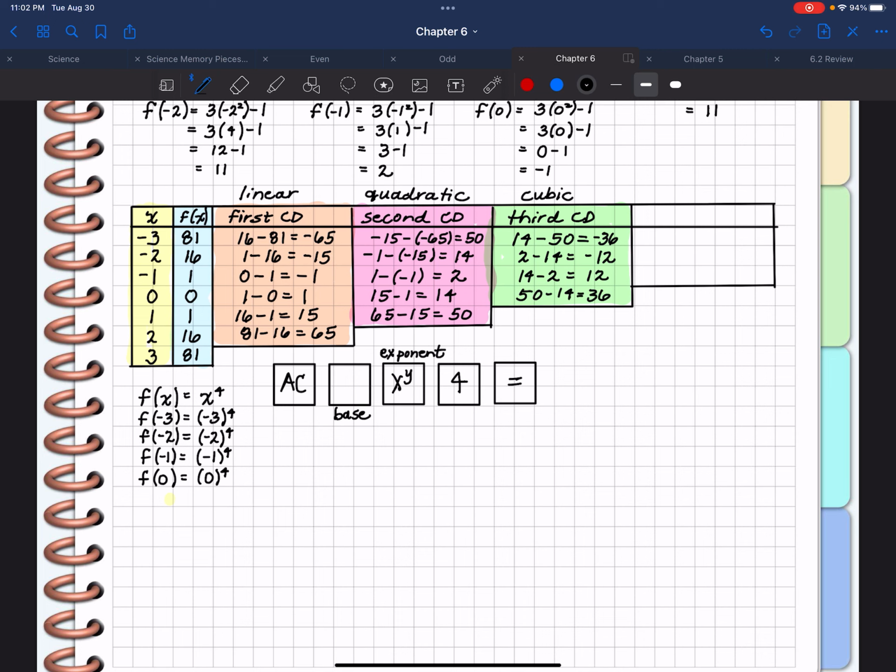All right. Last one is a fourth degree function. And let's look at 4 consecutive differences. So we have negative 12 minus negative 36. That's going to be 24. Then we have 12 minus negative 12, 24. And 36 minus 12 is 24.